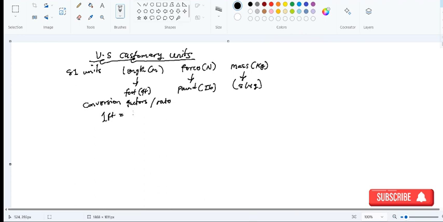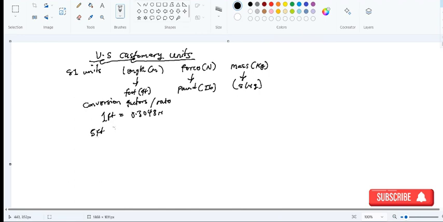1 feet is equals to 0.3048 meters. Okay, this is very important when we want to convert from feet to meters or from meters to feet. Okay, so for example, let's say we wanted to convert like 5 feet to meters.